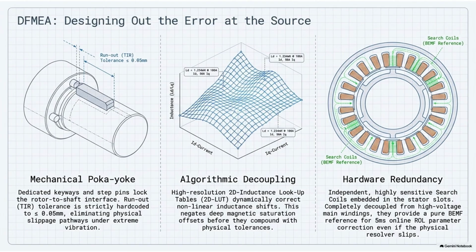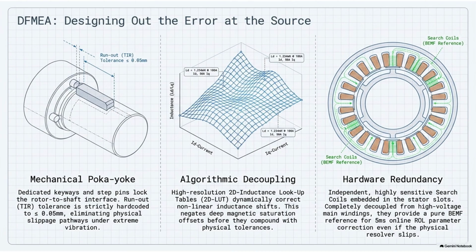A standard sheet of copy paper is about 0.1 millimeters thick. Right. They're restricting the physical wobble of this heavy, spinning metal mass to less than half the thickness of a sheet of paper. Yeah, and by restricting the physical assembly to 0.05 millimeters, they essentially eliminate the physical possibility of the mechanical slippage we discussed in the first root cause. The metal simply has no physical room to move or build up eccentric momentum.